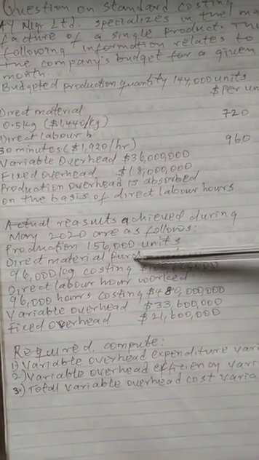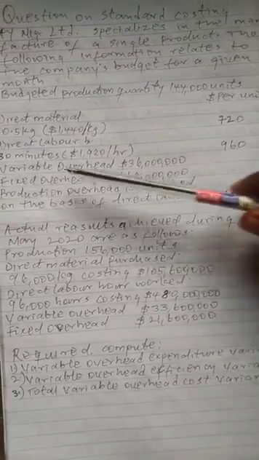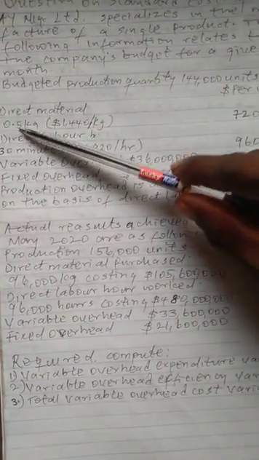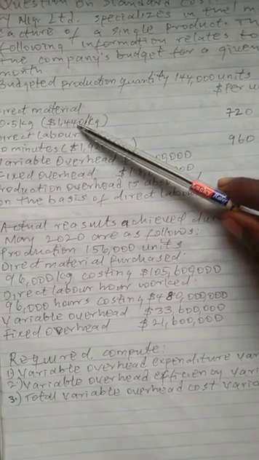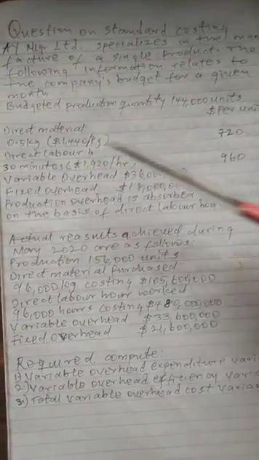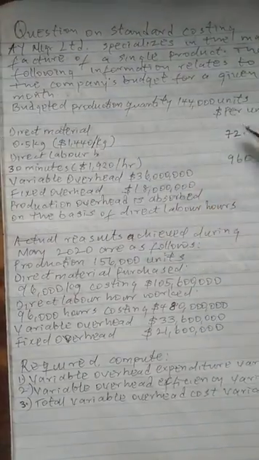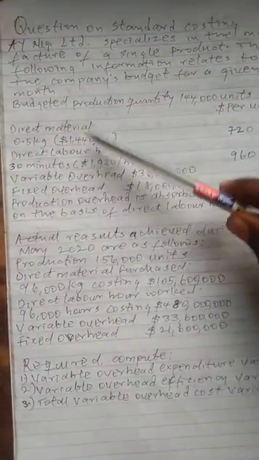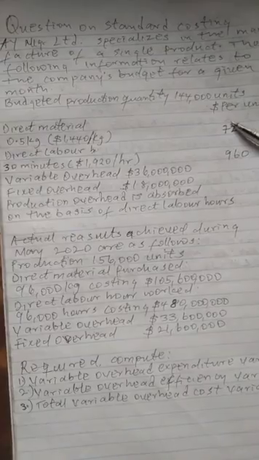Tip number 2: there is quantity, price, and cost per unit. Quantity, price, and cost per unit. They are very, very fundamental.